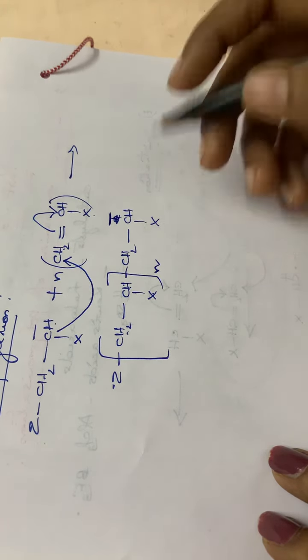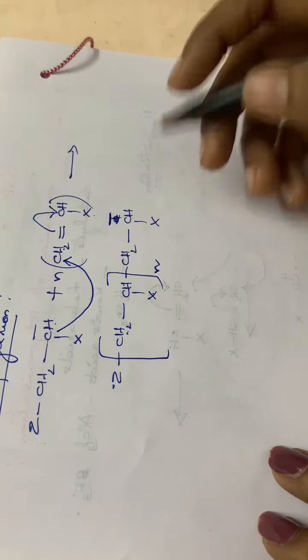Termination. So what happens? This negatively charged carbon atom, the negative charge has to be neutralized. So it combines with a proton. Let us write the same compound Z, then CH2, then CHX, then CH2, here n times, then single bond CHX minus, in presence of H plus.